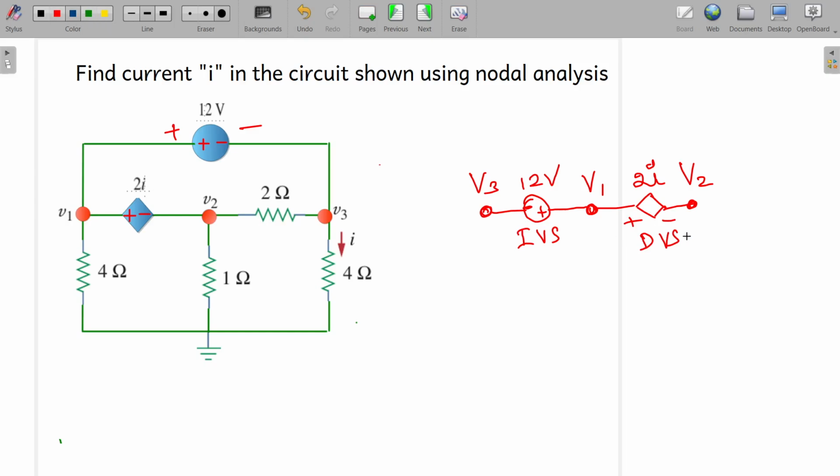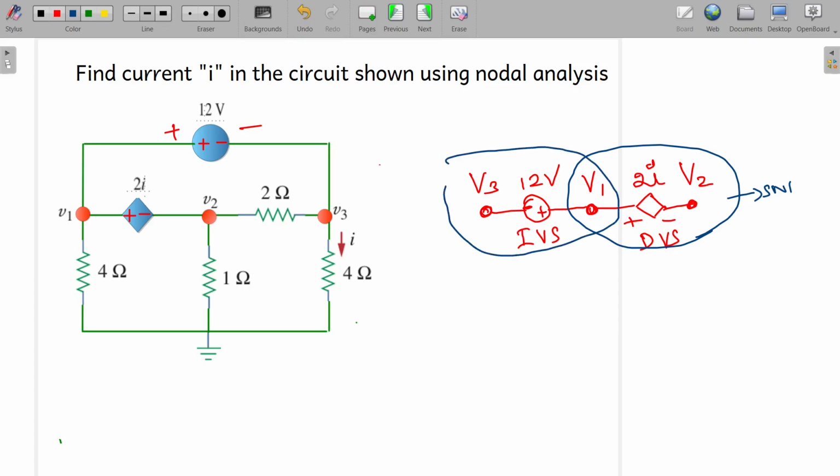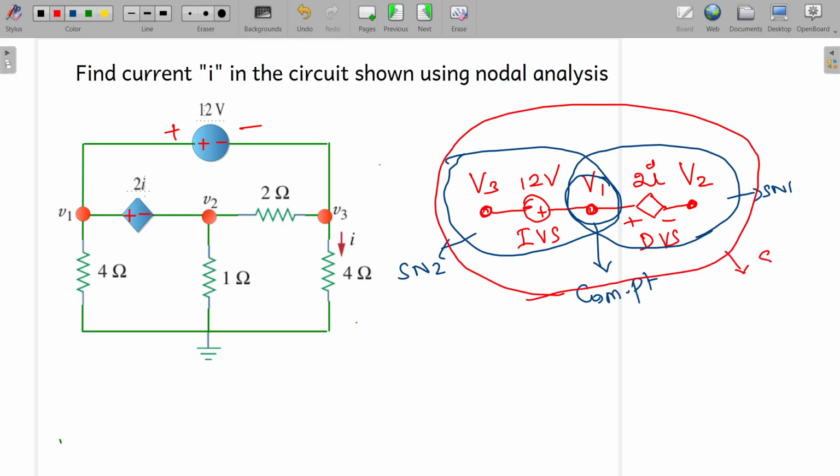In this we formed the supernode number 1 and we formed this supernode number 2. So this acts as the common point. So we can enclose all these three things together to form a supernode, right? But now you understand that in between this V2 and V3, I am going to mark this again. I am going to draw this. Between this V3 and V2, you have this element that is 2 ohm resistance.